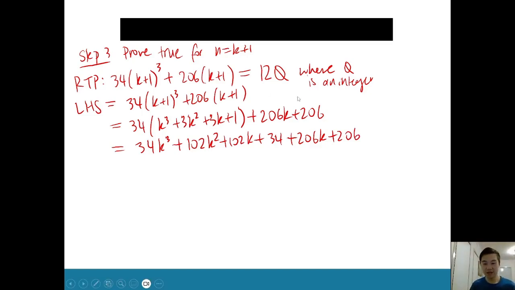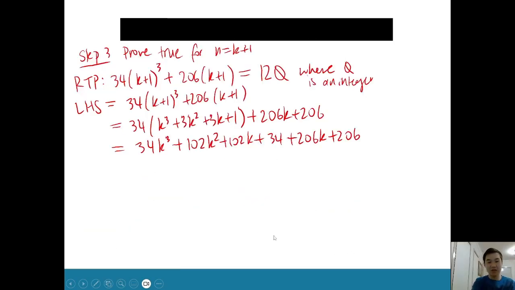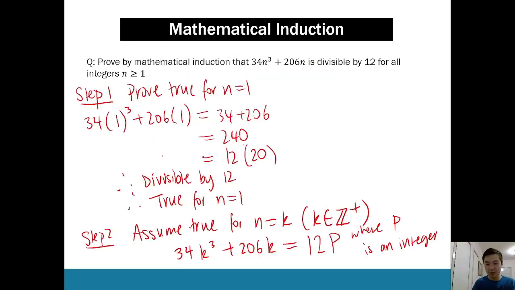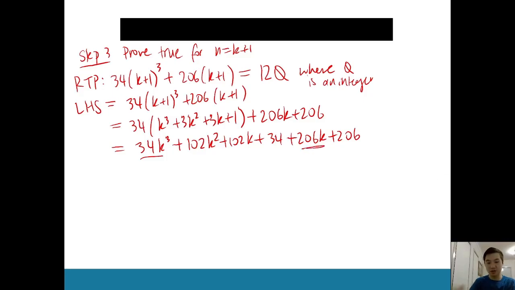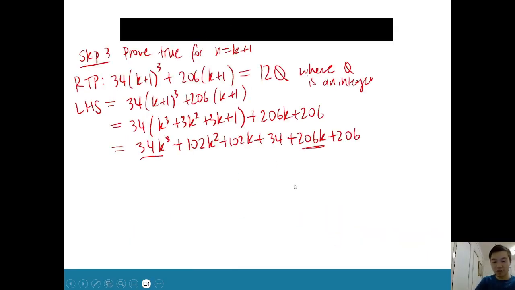Remember, in our third step, we always want to make sure we're using our assumption somewhere. So let's ask ourselves how we can use this assumption. We know that 34k cubed plus 206k is 12p. So we have a 34k cubed here, and we also have a 206k here too. Because we assume this is true, this is going to be equal to 12 times some integer. So I'm going to replace it with that.